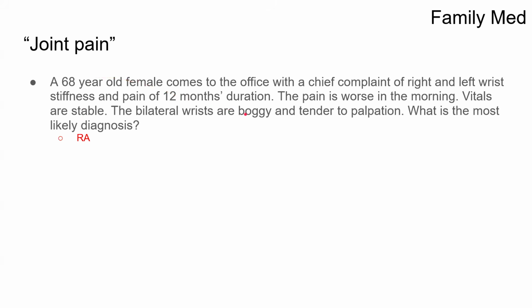On physical exam, boggy and tender wrists are consistent with rheumatoid arthritis. Sometimes the patients might have fever or weight loss, but we'll talk about the extra-articular manifestations of rheumatoid arthritis coming up. Anyway, so you've made the diagnosis of rheumatoid arthritis, then you have to treat it, right?